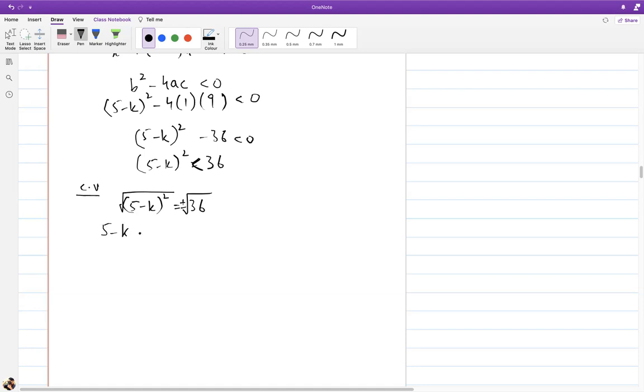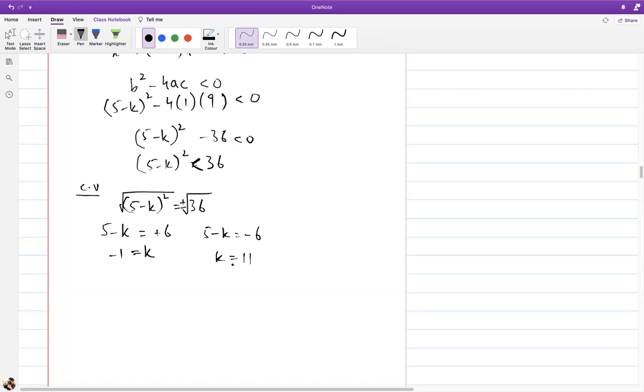So that gives me 5 minus k is equal to plus 6, or 5 minus k is equal to minus 6, which leaves me with minus 1 equal to k, or k is equal to 11. So I have two options here.